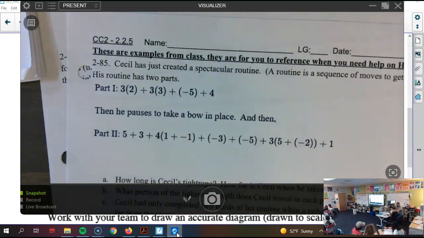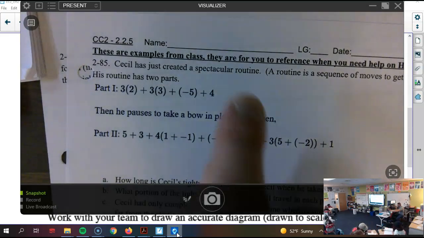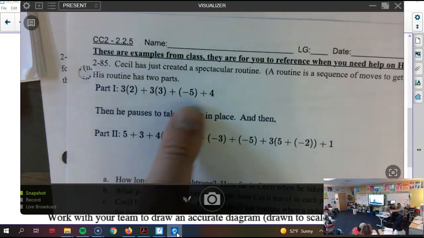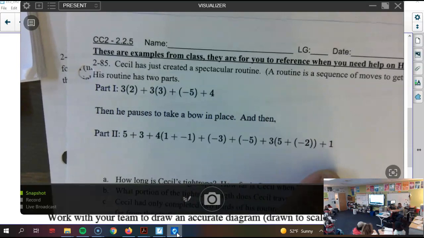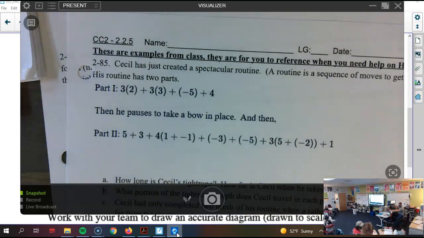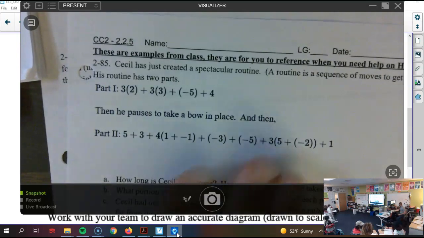So, once we say go, you and your team need to chat about how to total up all of this in part 1, how to total up all of this in part 2, and then put the 2 parts together. If 223 and 224 are done, you can turn those in. Okay? Take a few minutes. Try this with your team.